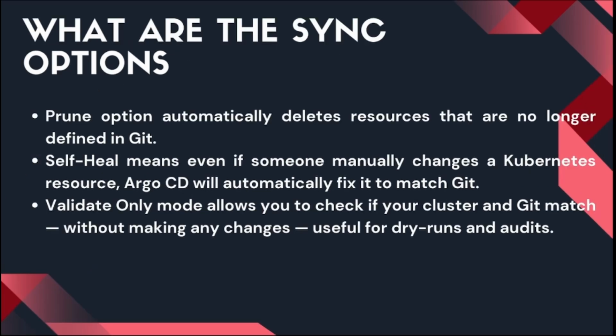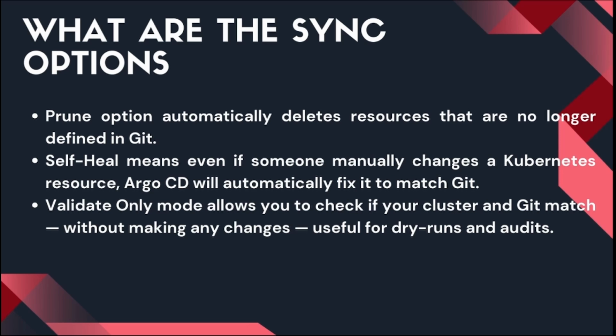So now let's understand what the sync options are. The major sync options we can see in Argo CD are manual sync and auto sync. Then prune means the prune option automatically deletes the resources that are no longer defined in Git.